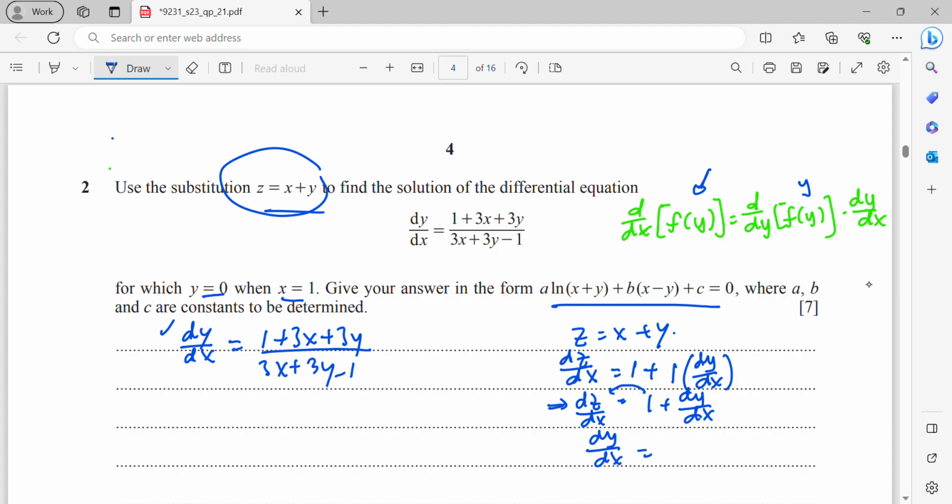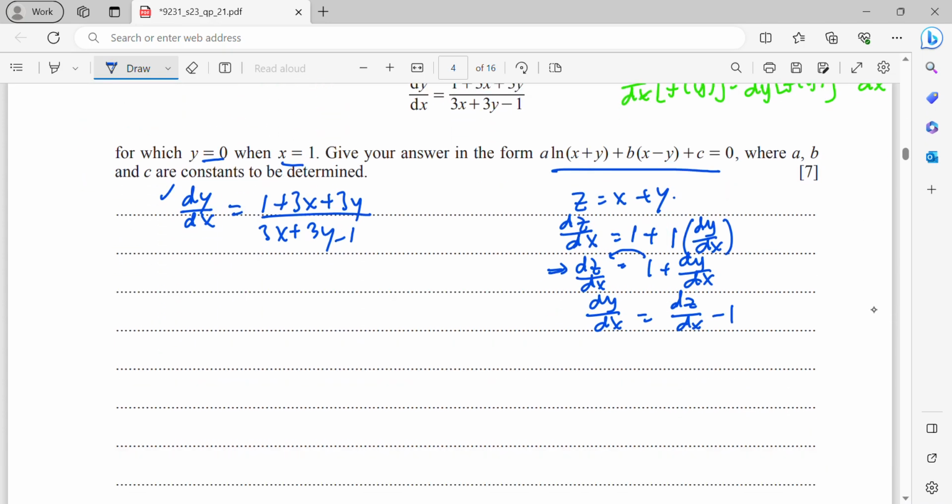Then from here, since you are given dy/dx, I move the 1 to the other side. That is dz over dx minus 1. Now I will replace it. The left hand side becomes dz over dx minus 1 equals, remember, your z is x plus y, so I can just write 1 plus 3 bracket x plus y.